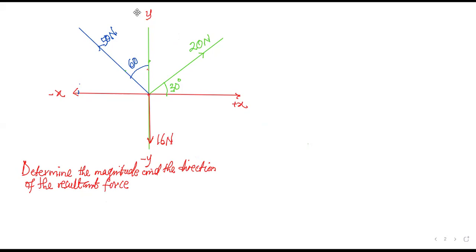So the trick is that when you are given such a question, resolve each of them. Assuming this is F1, this is F2, this is F3. So pick each one at a time, resolve it into its vertical and horizontal components.